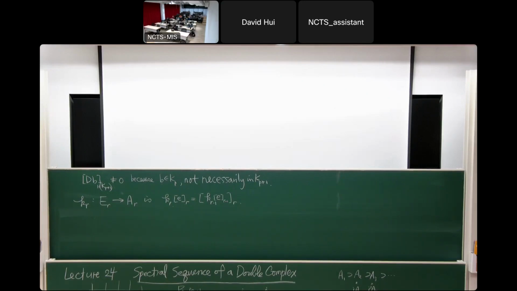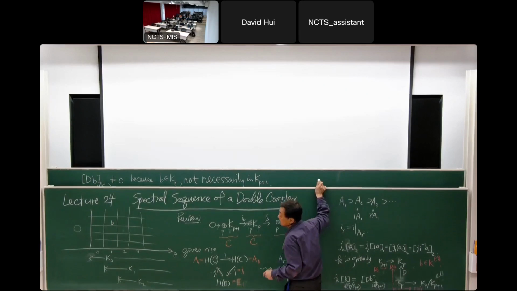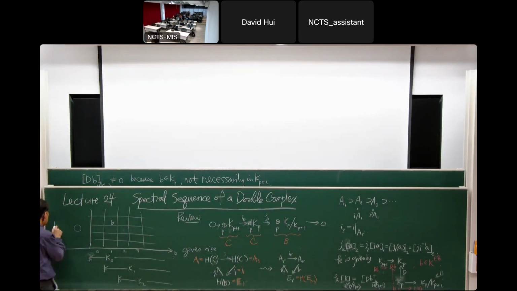Right, okay. So we're going to start with a double complex. This one we'll call E0. E0 is just a double complex.